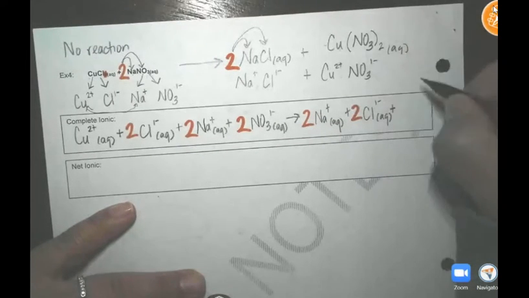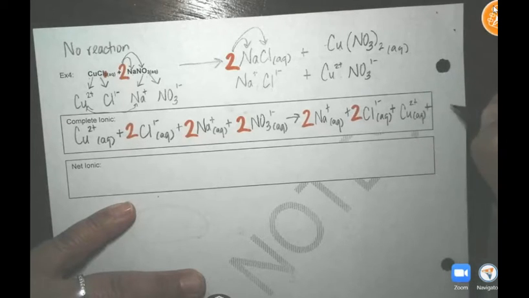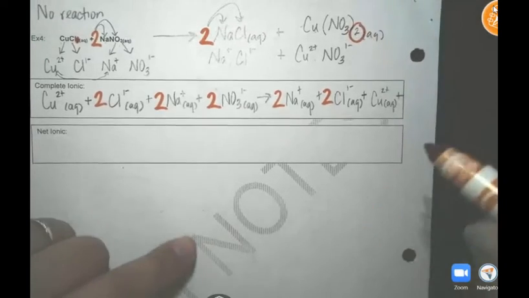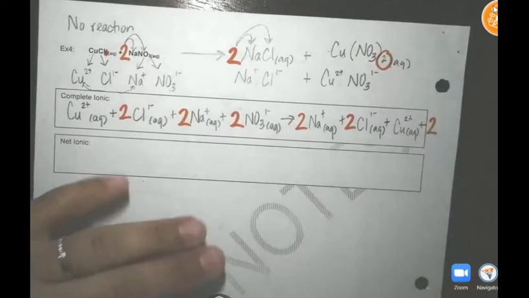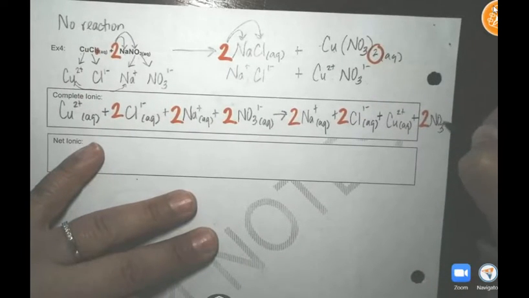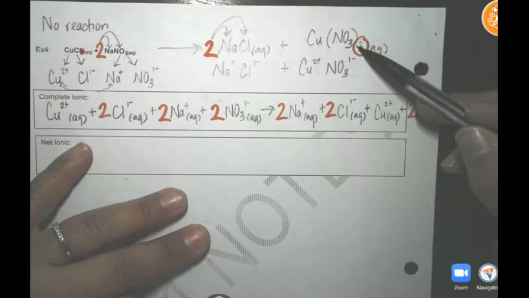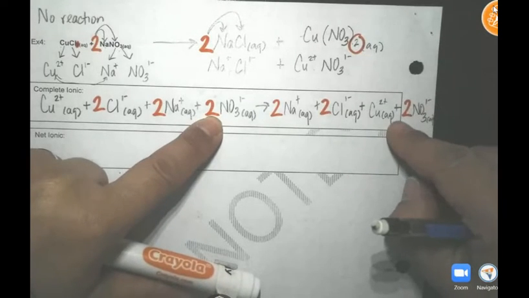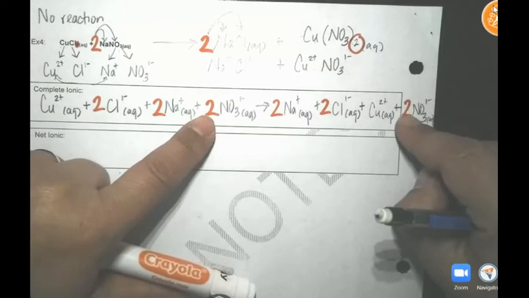There's nothing to distribute here, so Cu 2 plus aqueous plus, I got to be careful with this 2 though. That 2 is going to be accounted for here. All right. Now, what if I would have forgotten this 2 here? Do you see how there's a 2 over here? Right? I wouldn't notice because it wouldn't cancel out.